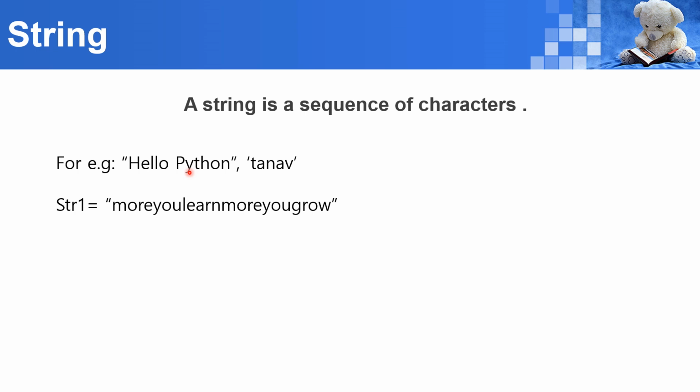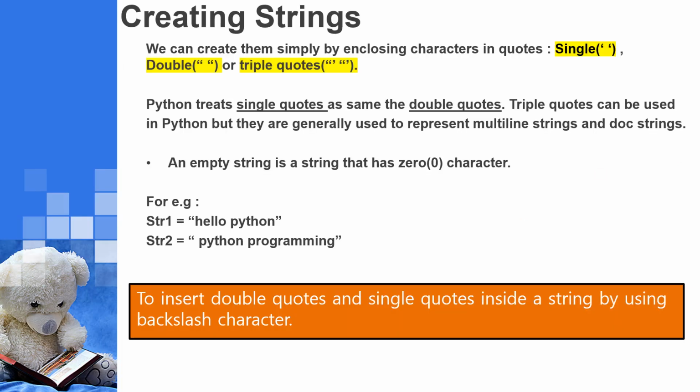Let's see how to create strings. We can create them simply by enclosing the characters in quotes: single, double or triple quotes. Python treats single quotes the same as double quotes.